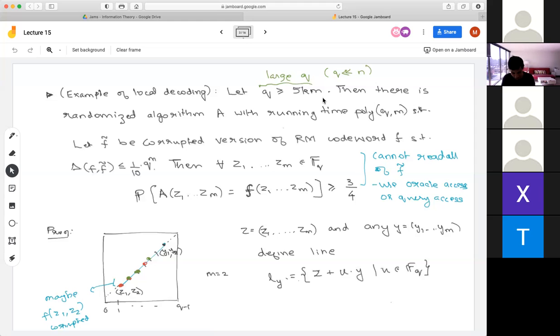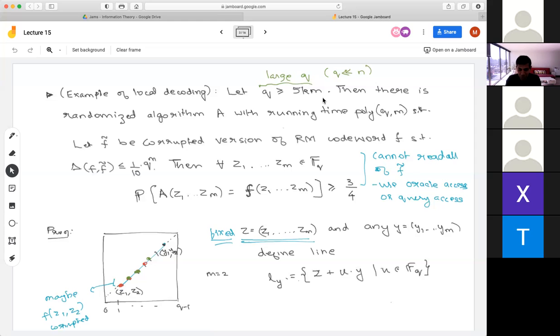So let's make this precise. Let's fix our target point z, and keep it fixed throughout the argument. So z is an input given to us. It's not going to change. And for any y, you can think of this line L_y, which connects z and y.